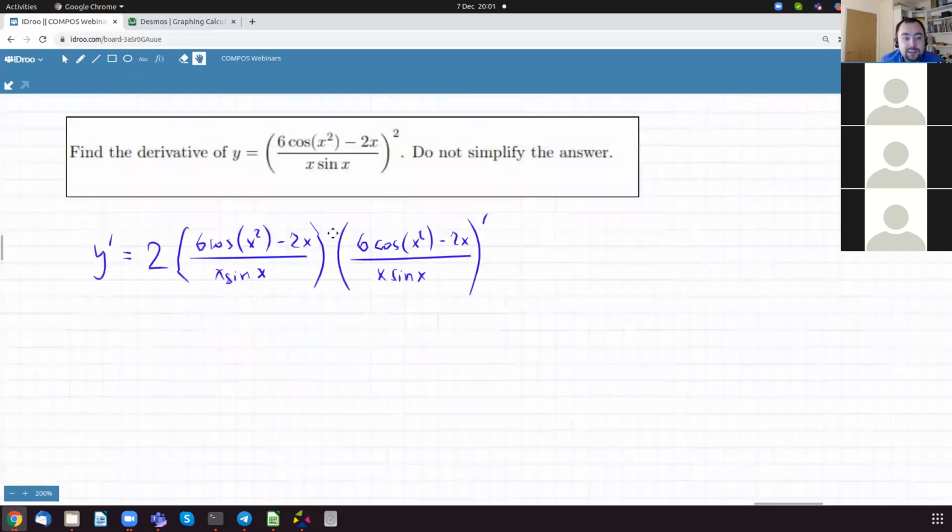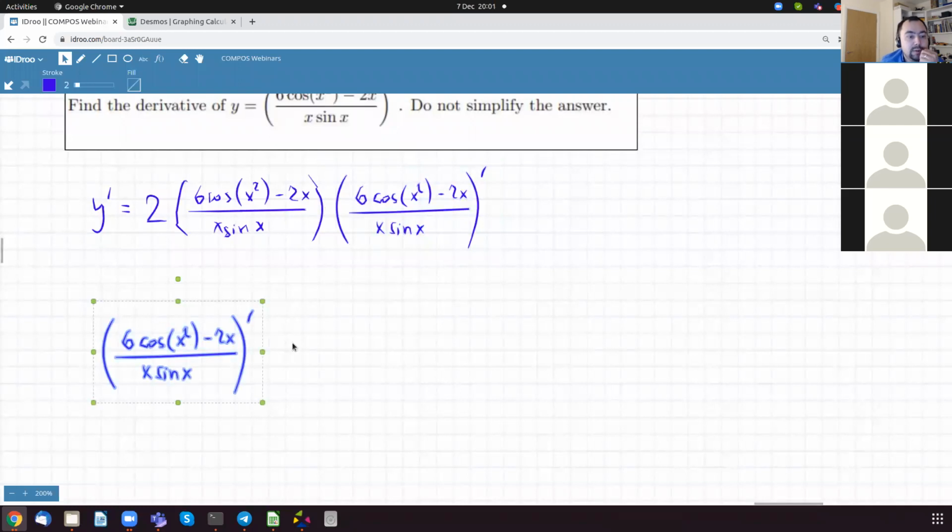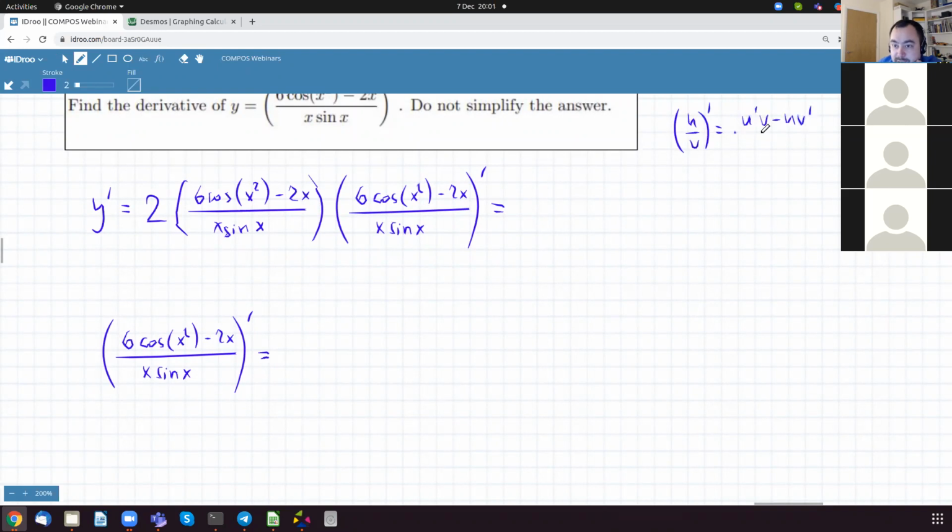So what I'm going to do is write it out separately, and I will continue this once we're done. I'm going to use the quotient rule. The quotient rule looks like this: if you have a derivative of a fraction, it's u prime v minus u v prime, divided by v squared.